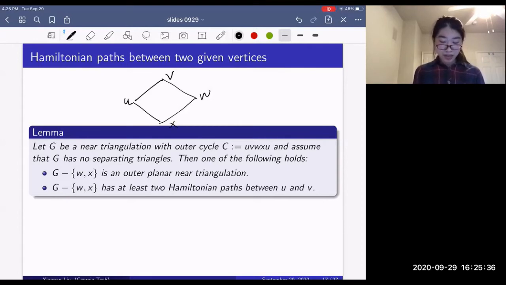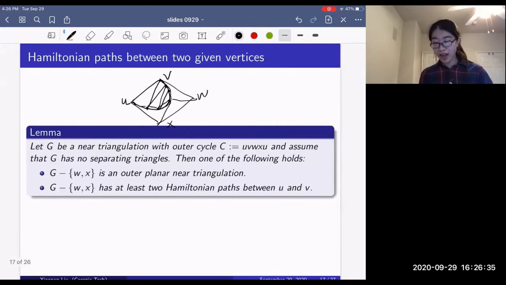Now we want the Hamiltonian path between U and V in G minus WX. If it is an outerplanar near triangulation, so all vertices inside lie on the UV path, then we can find one Hamiltonian path between U and V. But if it is not an outerplanar graph, then we can find at least two Hamiltonian paths between U and V.